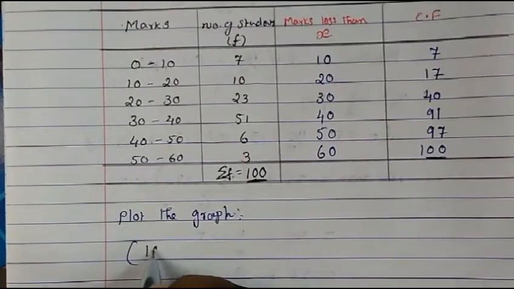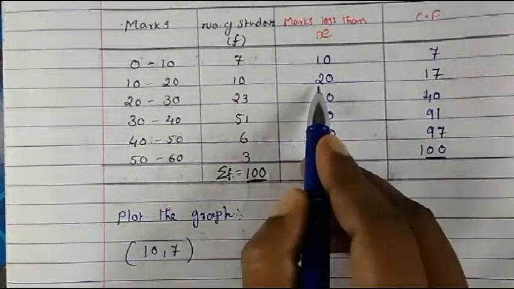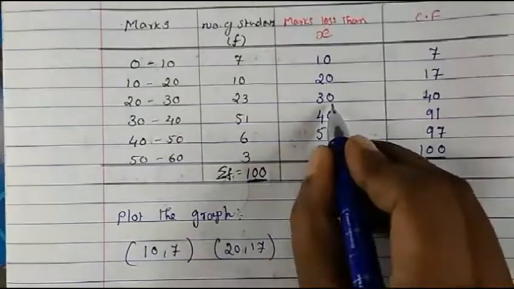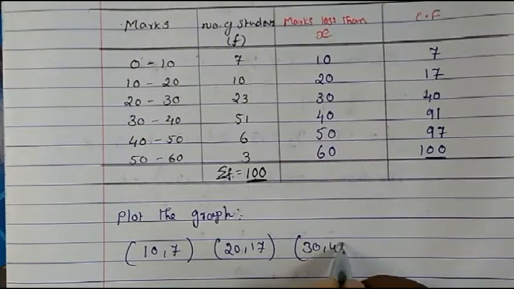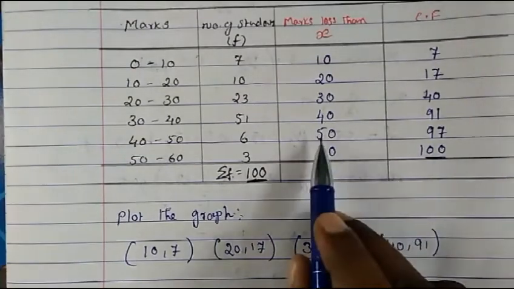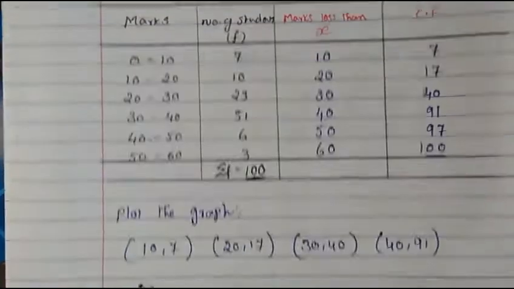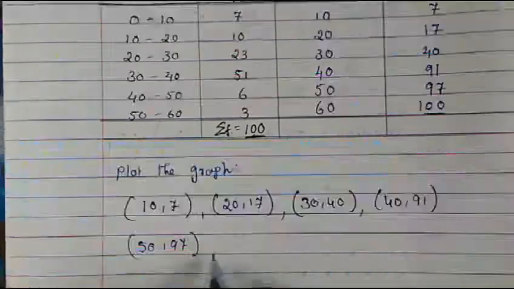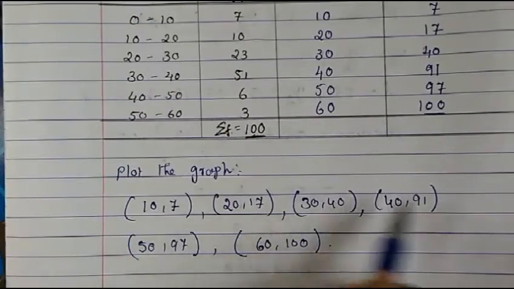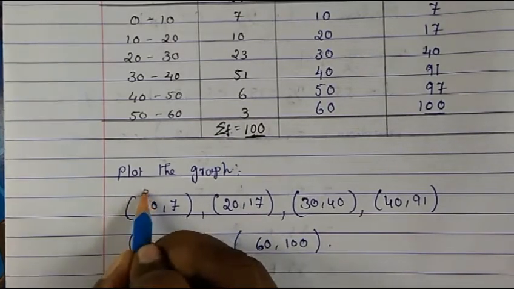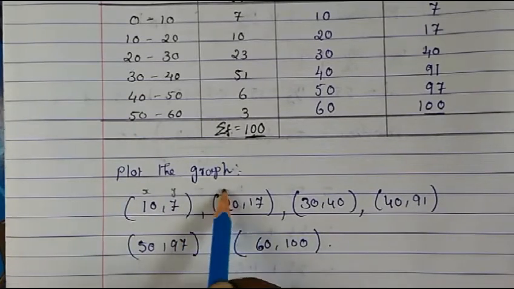Our points will be (10, 7), next (20, 17), then (30, 40), then (40, 91), then (50, 97), then (60, 100). These are the points we have to plot on the graph, where this is x and this is y.